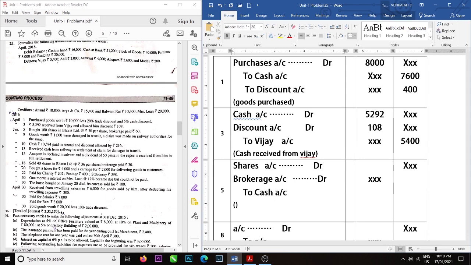We can also purchase shares. So 100 shares at the rate of 30, 3,000. Brokerage amount 60 rupees, and trader paid 3,060.